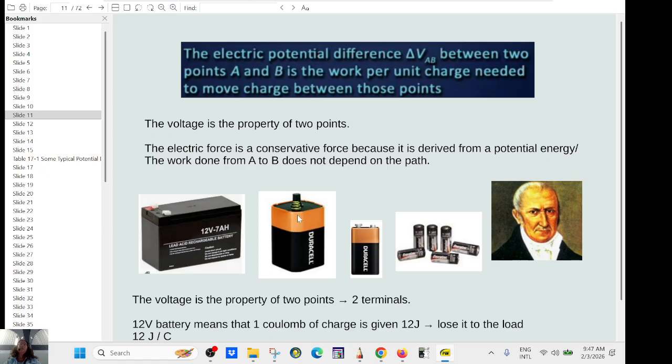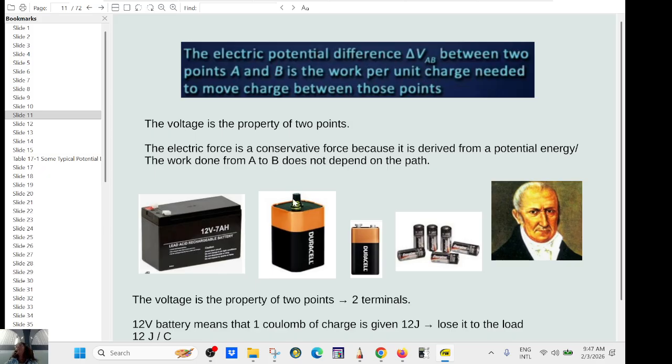That means 6 joules per coulomb from the positive terminal relative to the negative terminal. Some chemical reaction is giving energy per coulomb, and if you close the circuit, those charges are going to deliver that energy to the load.